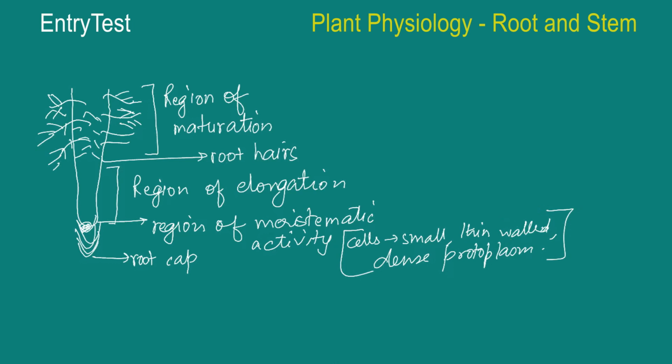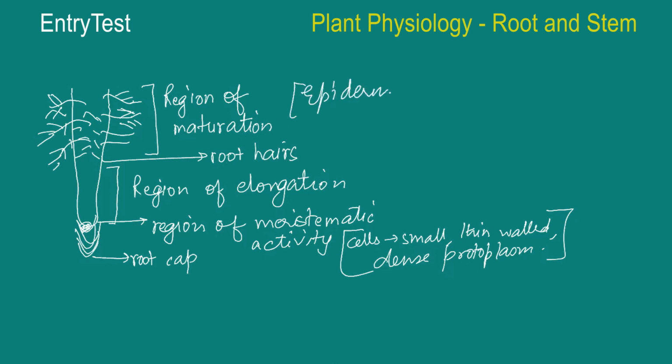And they divide a lot of times, they divide repetitively, and the cells just next to this region also undergo elongation, and that is why this is known as the region of elongation. The cells usually differentiate and mature, and next to this region you have the region of maturation. From this region, some of the epidermal cells form these root hairs.